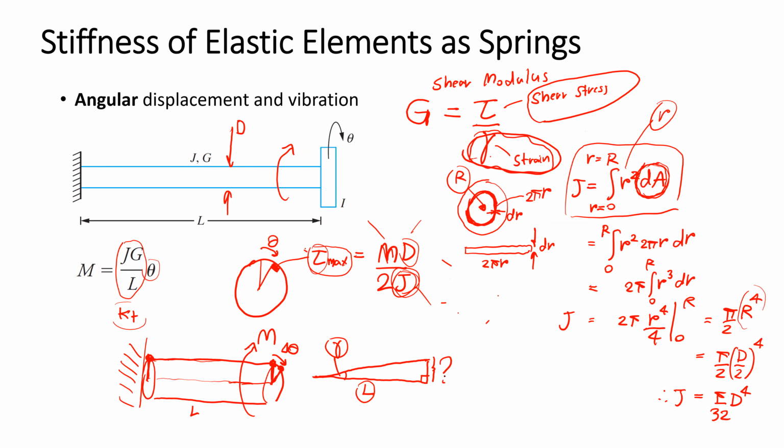And this displacement, we obtain it from the angular displacement delta theta multiplied by the radius of the rod. The rod has the diameter d. This distance is the angle multiplied by the radius of the cylinder.